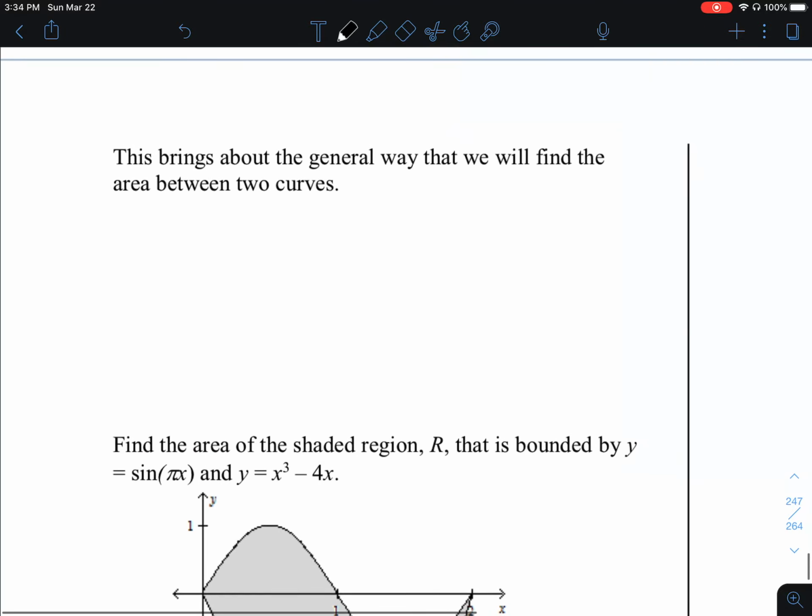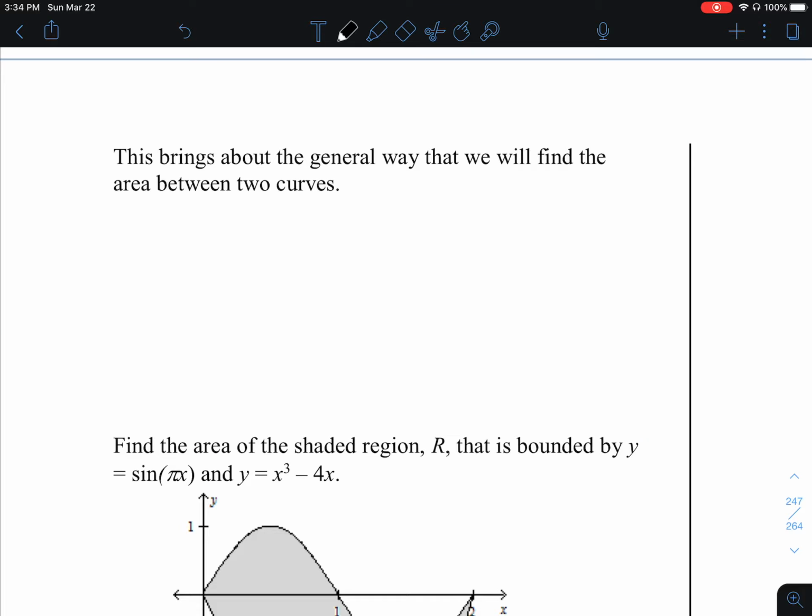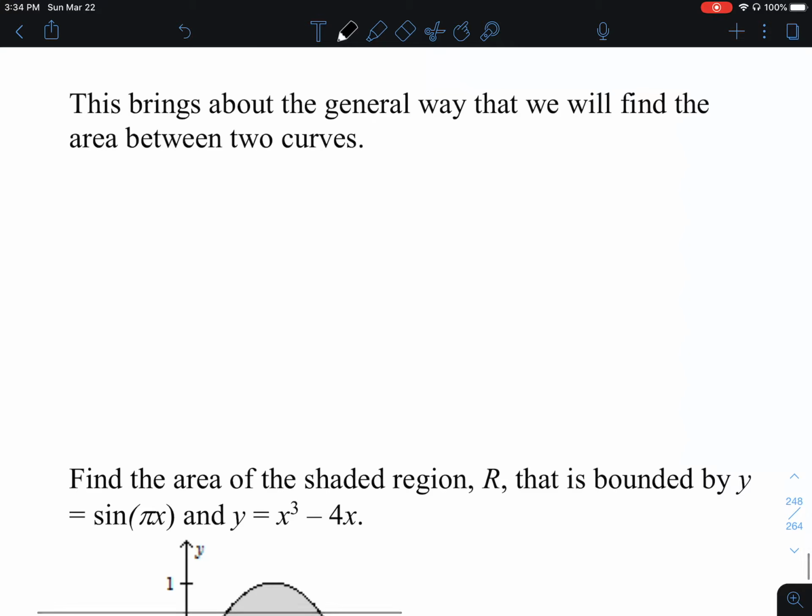This brings us to the general way that we will find the area between two curves. So if you're going to write one thing down from these notes, if you're making a cheat sheet or study guide for the end of course test, this is what you would write down.